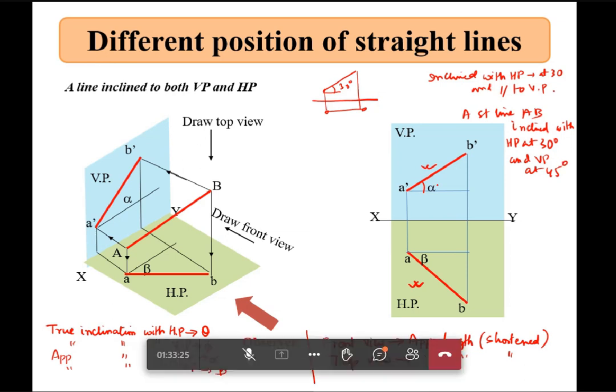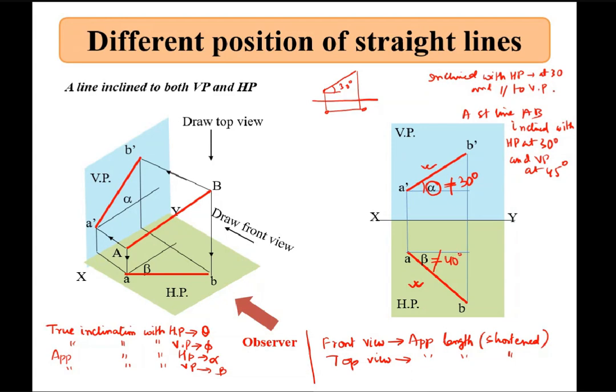So this alpha that you are going to get, that will not be equal to 30 degree. This beta that you are going to get, that will not be equal to 45 degree. Got it now? Yes, sir.